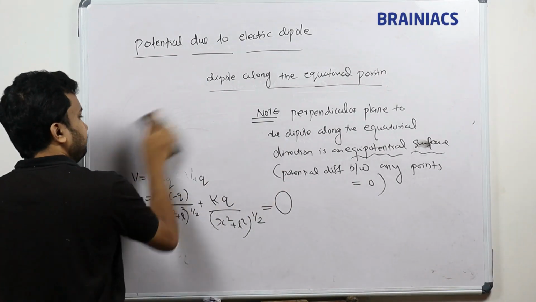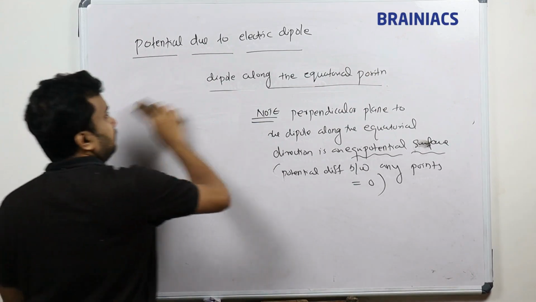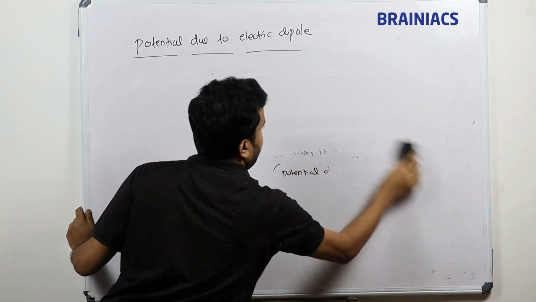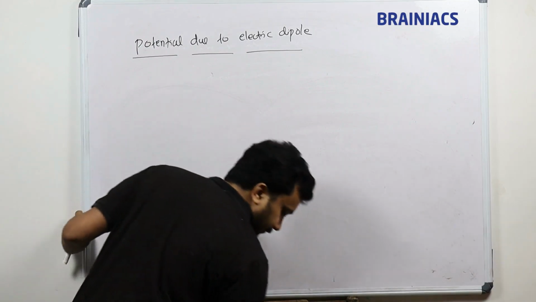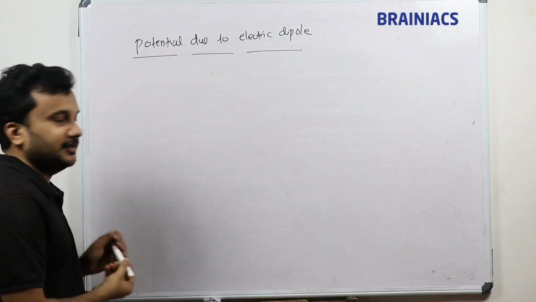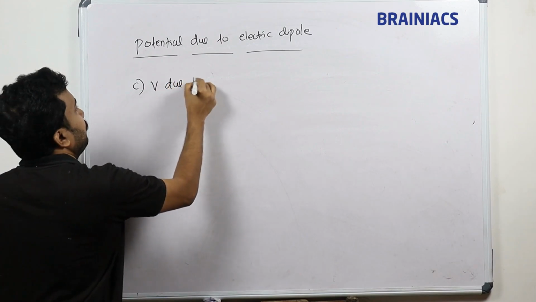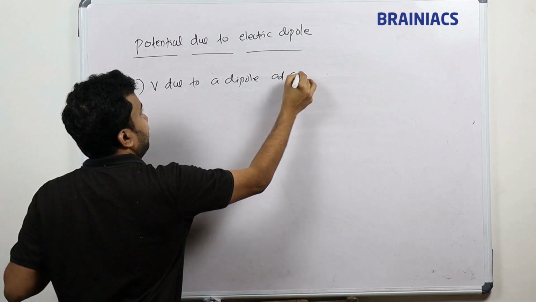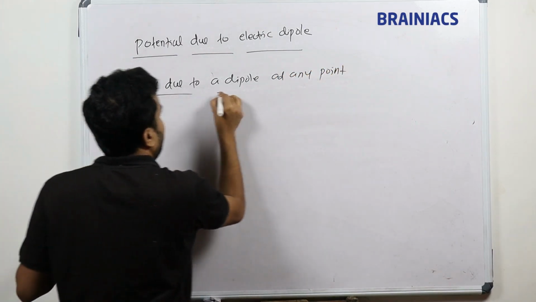What's the next topic? As I told you while starting this dipole topic, if you have revised the electric field, then the third heading you must know. Potential due to a dipole at any point.